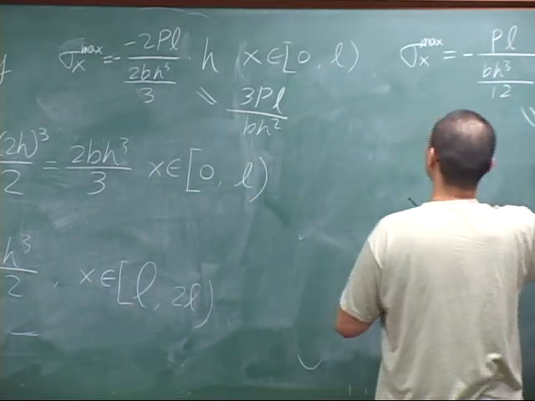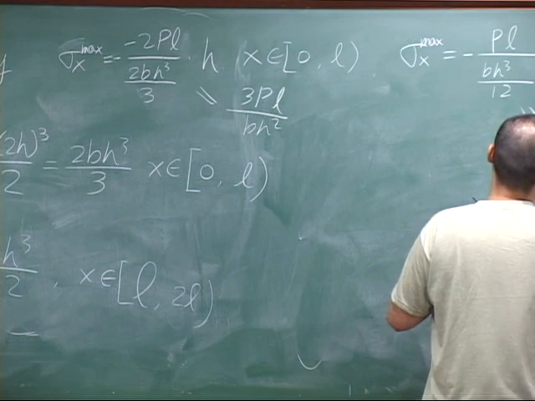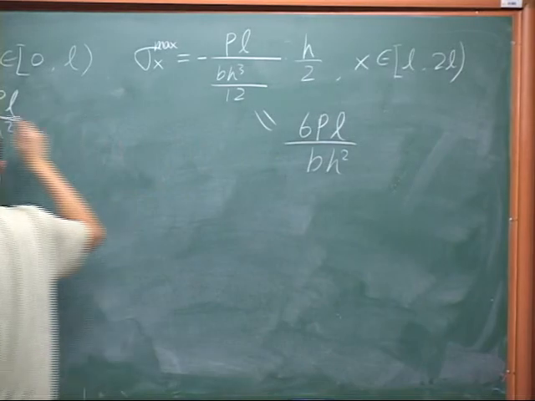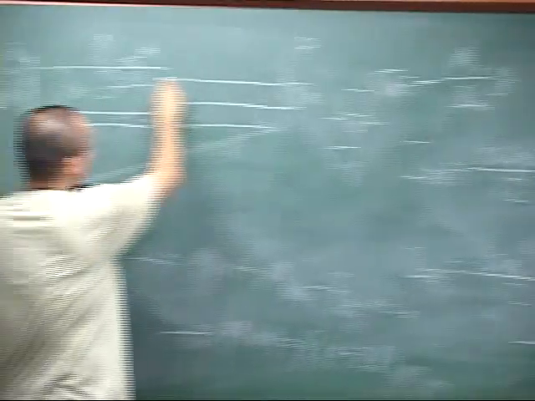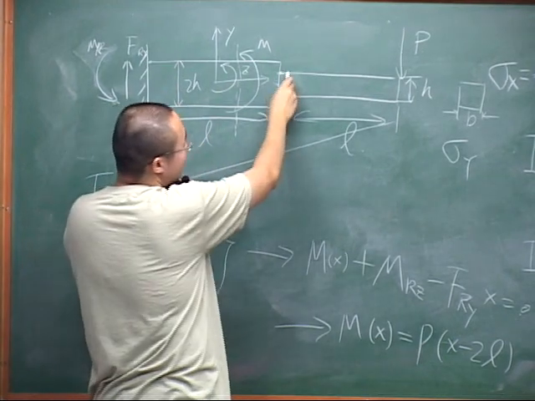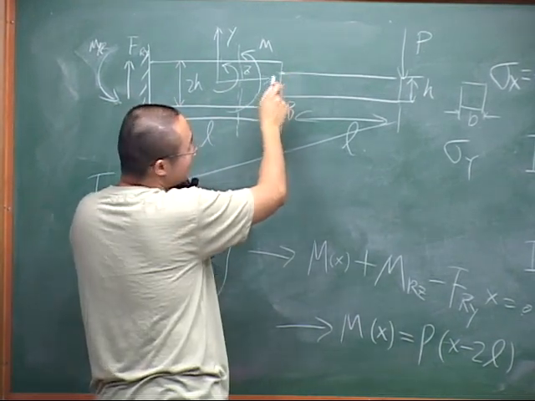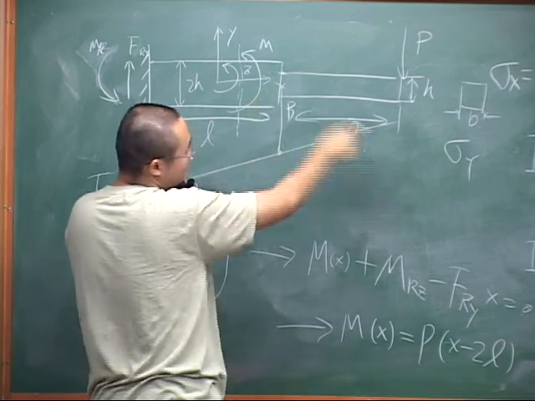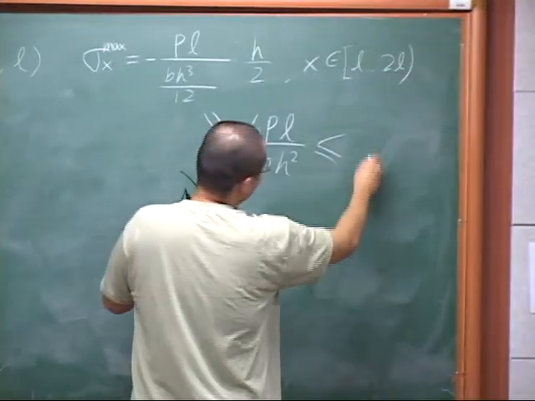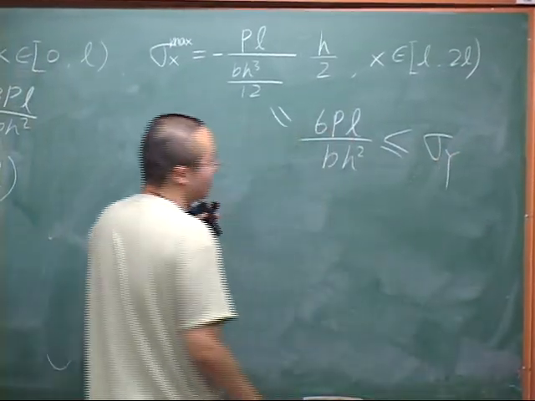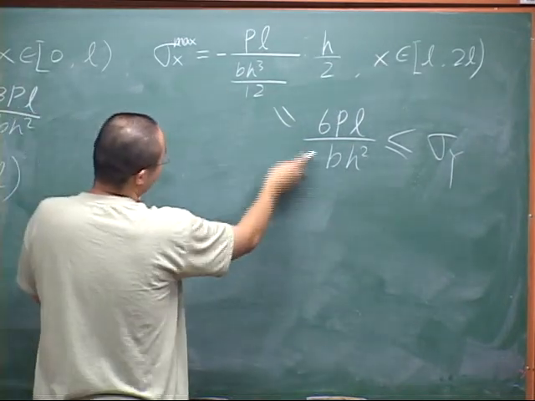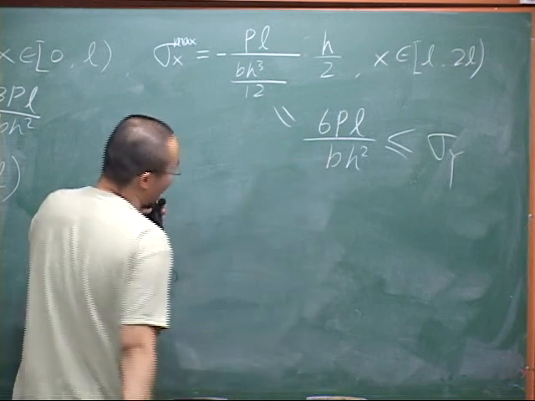We can find that the stress at this point is 2 times as much as the stress at this point. So here is actually the maximum stress point for the whole beam. Only when this is less than or equal to sigma y will this beam not fail, right? And so you can put it back and find what P is.